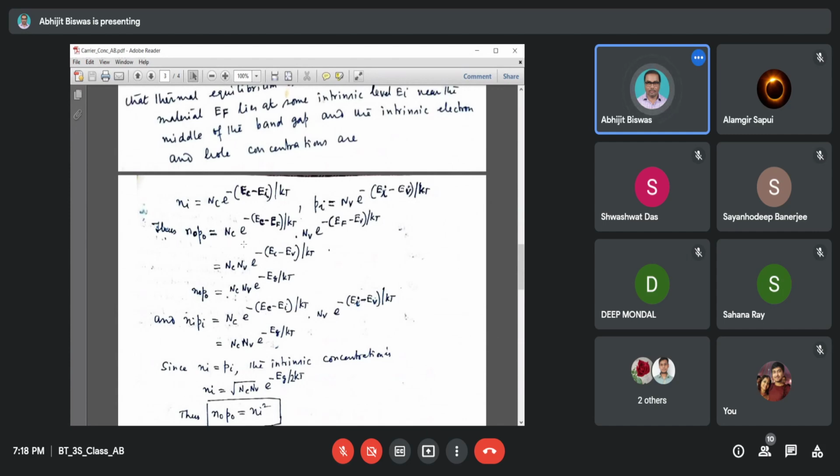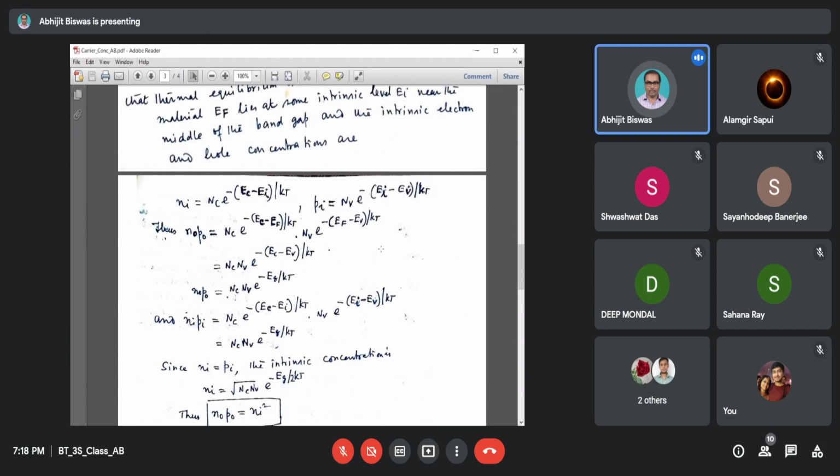For example, Ni for silicon at room temperature is on the order of 10 to the power 10 per cc, whereas Nc is on the order of 10 to the power 19. So Ni is much less, on the order of nine orders less, compared to Nc.